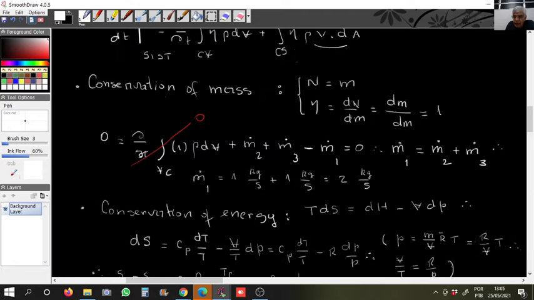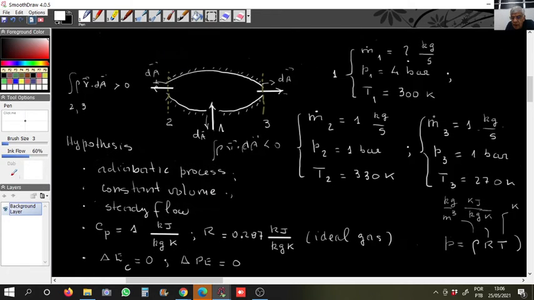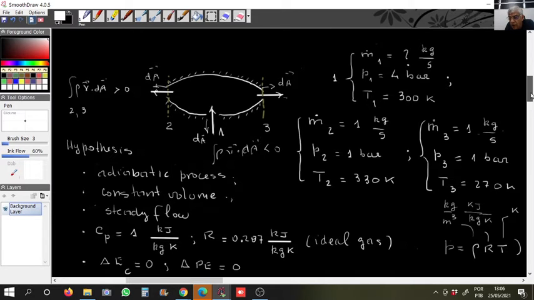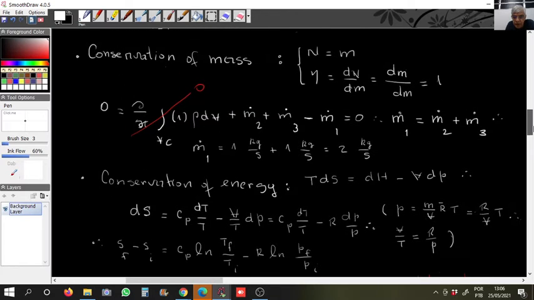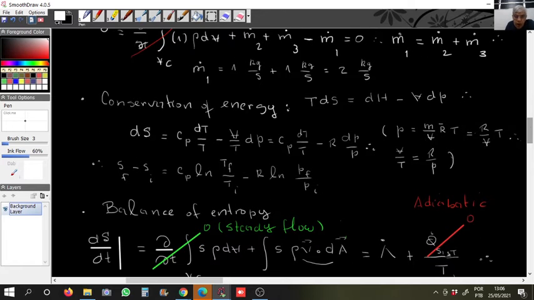Both measure 1 kilogram per second, so the flow rate at 1 is 2 kilograms per second, satisfying the continuity equation, or the conservation of mass. Now, conservation of energy.